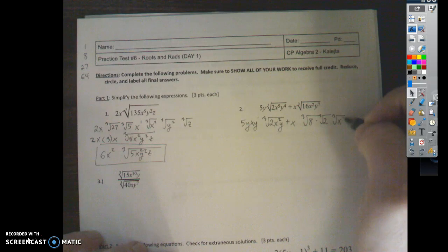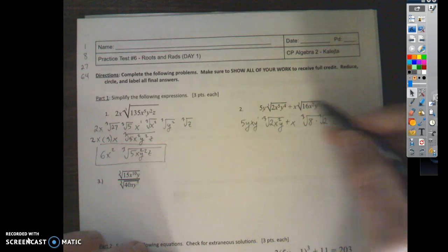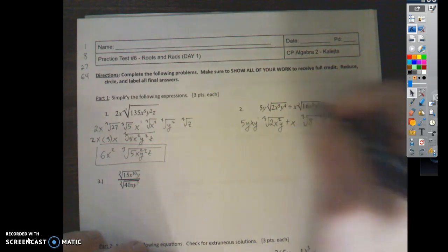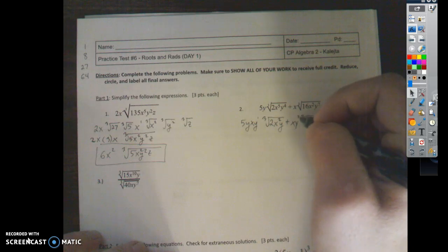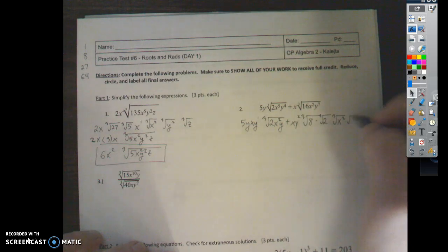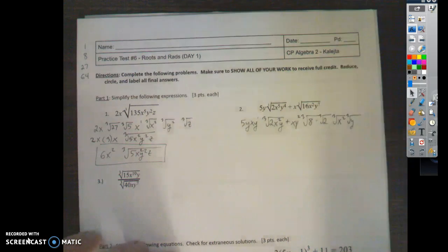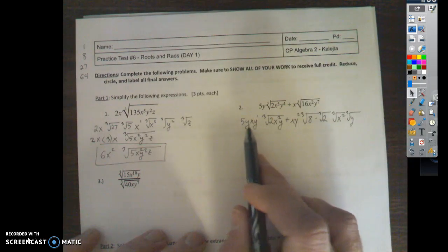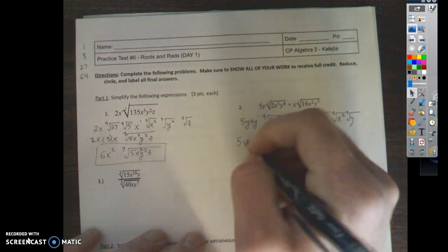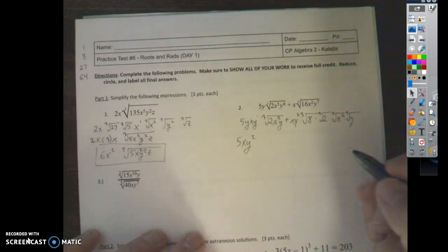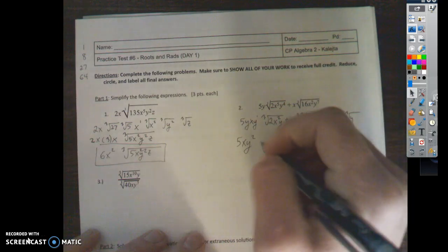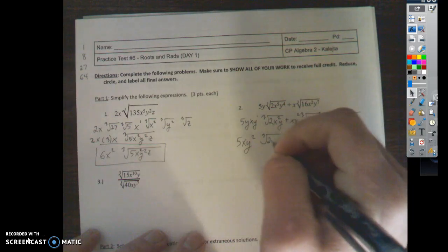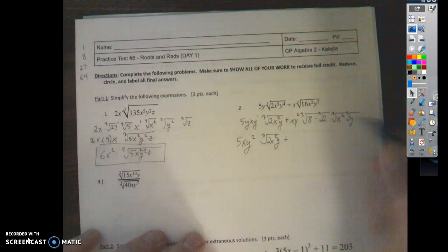Can't, so it stays underneath there. How many times can 3 go into 7? Twice, so I can pull out x squared. Then I keep the cube root of y. A little cleanup: over here, 5y times x times y gives me 5xy squared, and then I have the cube root of 2x squared y, plus.